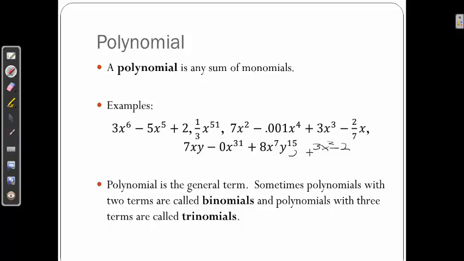There's a polynomial with 2 terms, so you might call that one a binomial. This first polynomial had 3 terms, you could call that a trinomial. You could keep attaching prefixes, but beyond trinomials, usually they just call them multi-term polynomials. So you might say it's a 4-term polynomial, or a 5-term polynomial, etc.